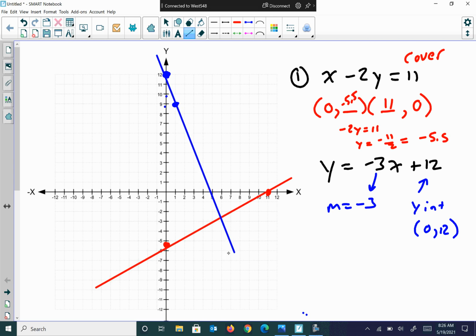Then if you take a look at your answers, does negative 3 comma negative 7 even appear? Negative 3, negative 7 is like down here. Does that appear where they cross? Yeah. 0, 12, that's the y-intercept.